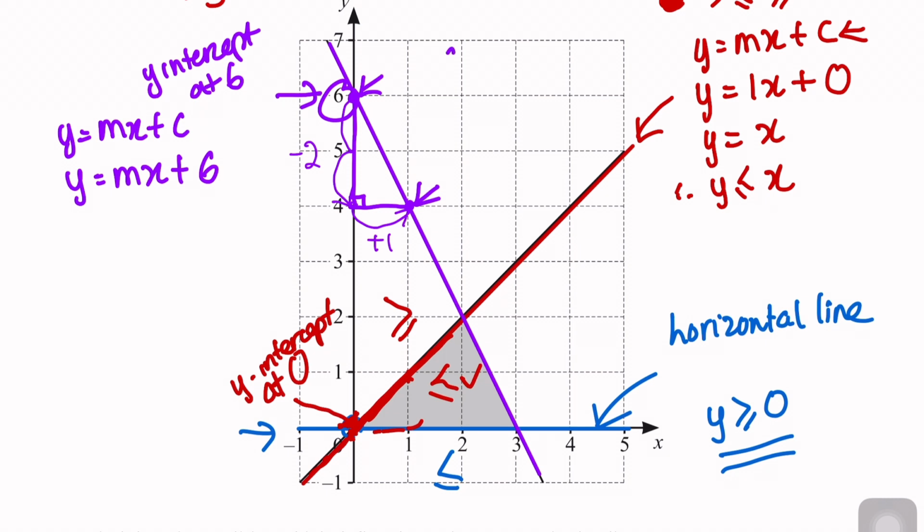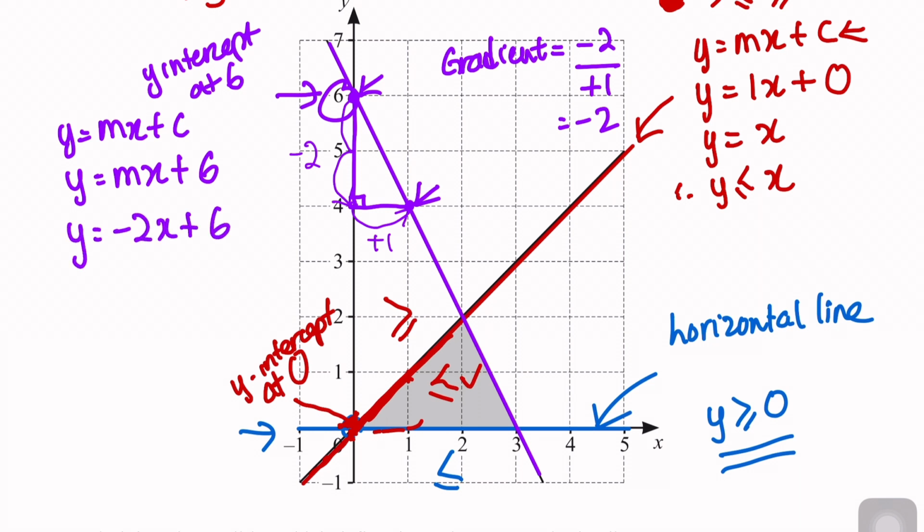So gradient is the difference of y, which is -2 as we are going down, over x, where we are going right 1 step, so it's +1. So -2 divided by +1, you get -2. Therefore your equation is y equal to -2x plus 6.